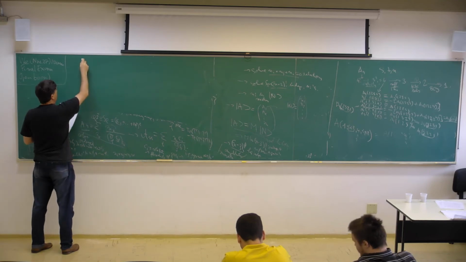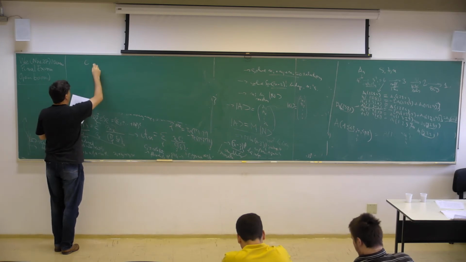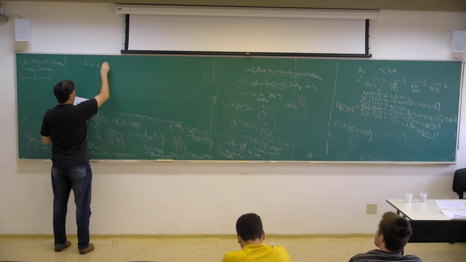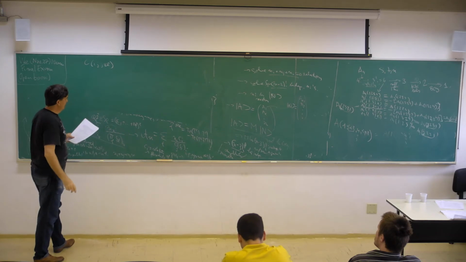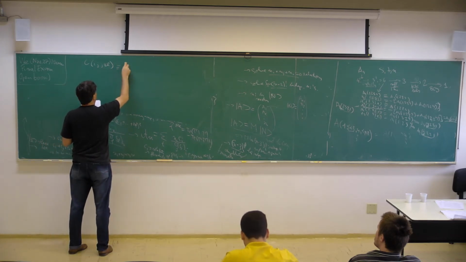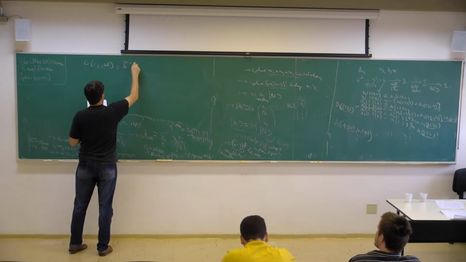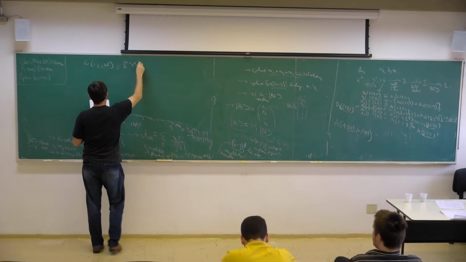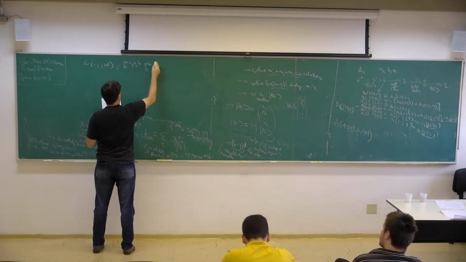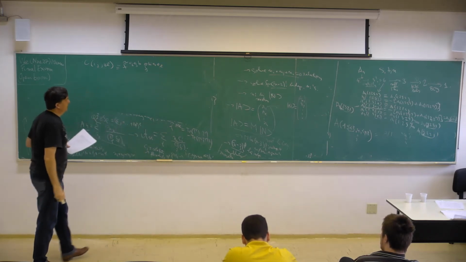So, what are the color factors in this case? Well, for the 4-point amplitude, the color factors would be defined this way: F tilde A1, AI, AJ, B, F tilde B, AK, AL. Okay?